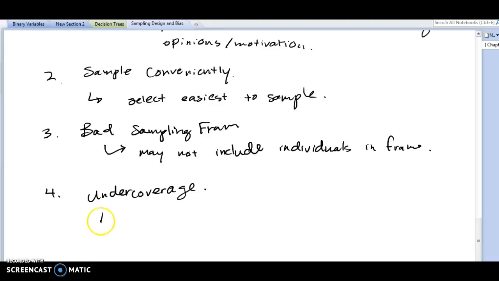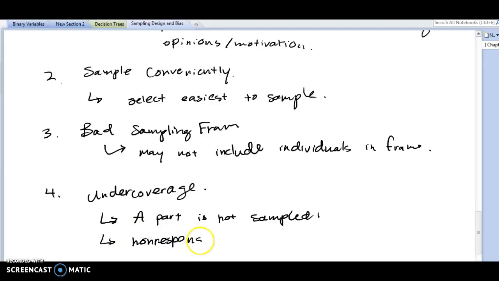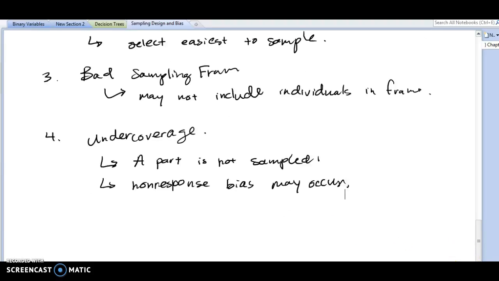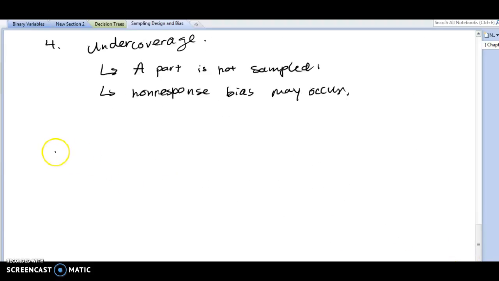This happens when a portion of the population is not sampled or underrepresented. And non-response bias may occur.